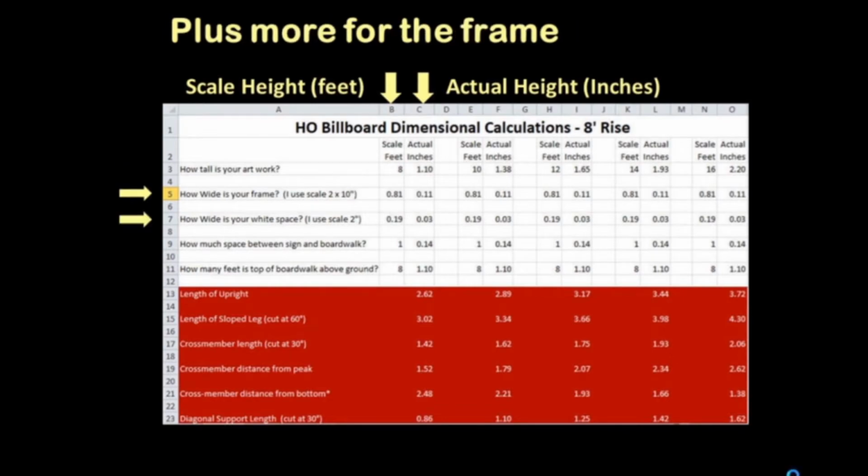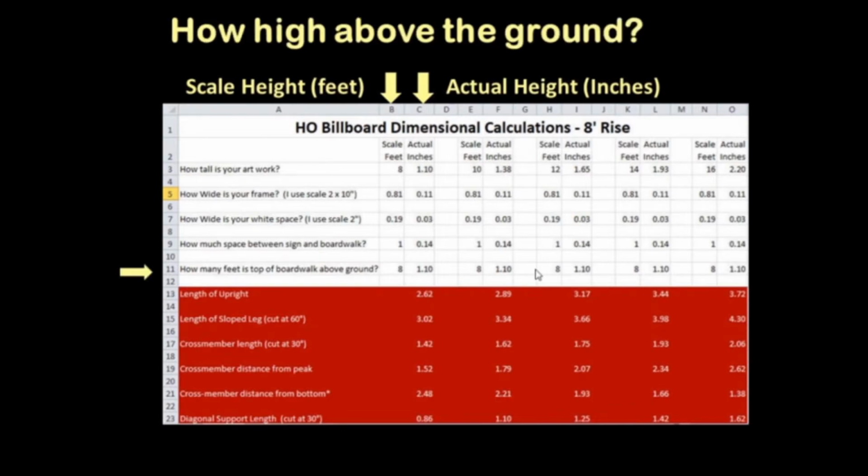I also recommended a frame around the decal, adding an additional 0.28 inches of height to the final face frame. Now, if we wanted to make the billboard appear 8 feet above the ground, we would have to add the height of the face frame, 1.38 inches, to the height of the legs below the face frame, another 1.10 inches, for a total of 2.48 inches.